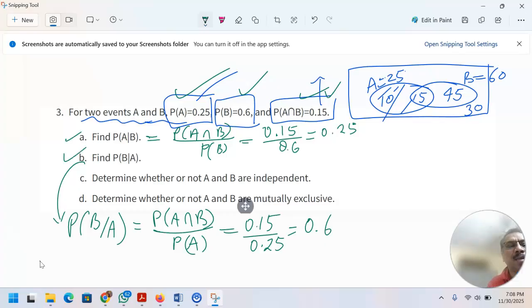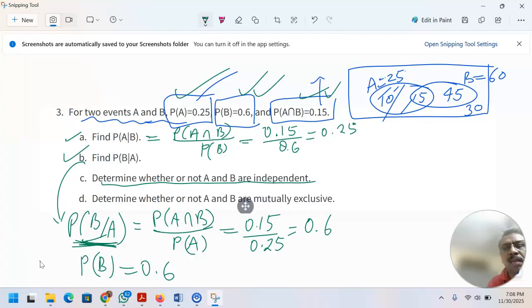Now the third question is asked. So this is done, this is done. But are the two events A and B independent or not? How do we know this? We want to know this, B when A has occurred. What about the probability of B by itself? It is given as 0.6, and you can see both are the same.